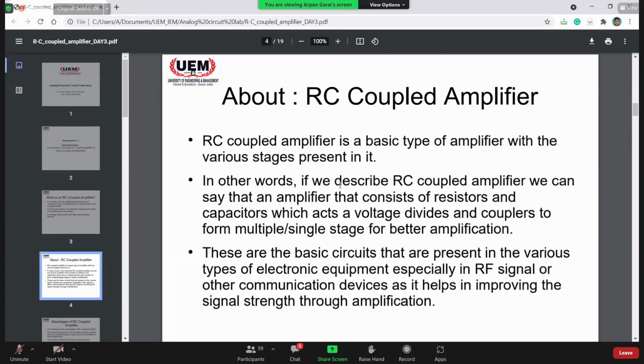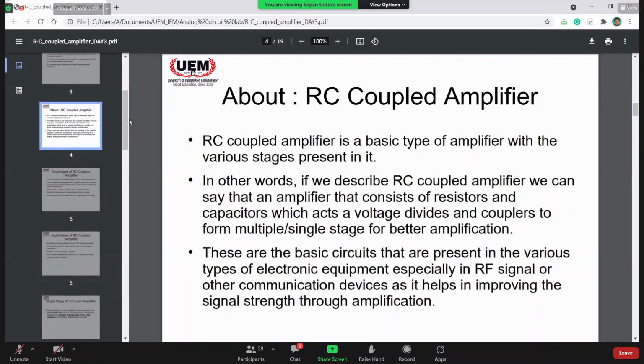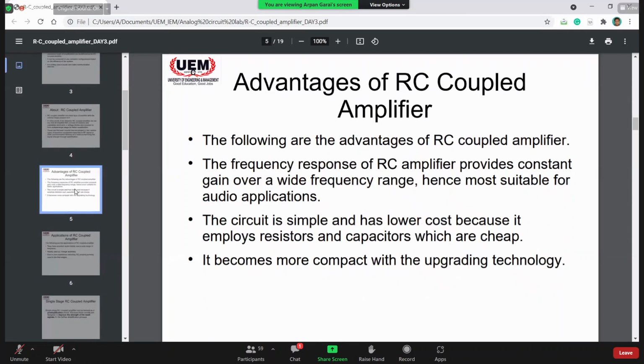Whenever you are talking to your friend using your phone, inside that technology this RC coupled amplifier is often used. This is the basic circuit of that. In your mobile and in any audio-visual aid, more complex versions of this RC coupled amplifier are used.